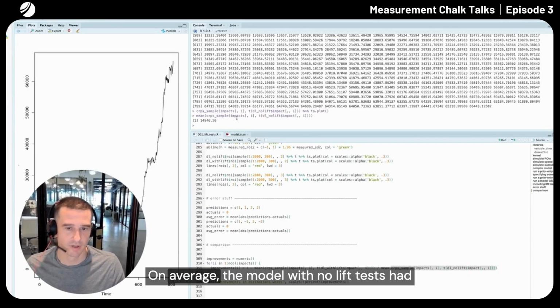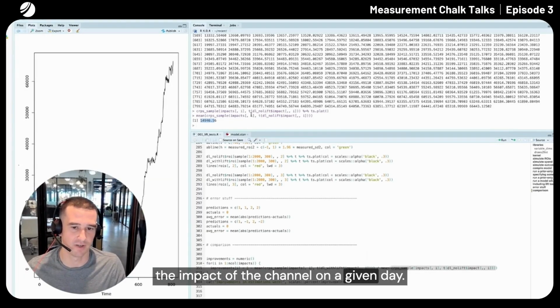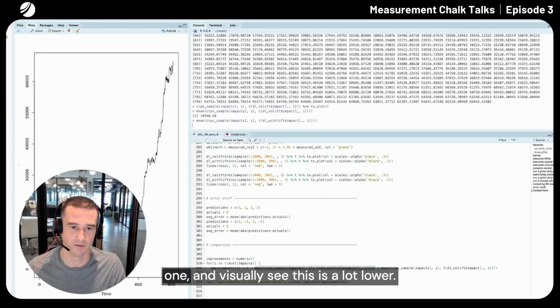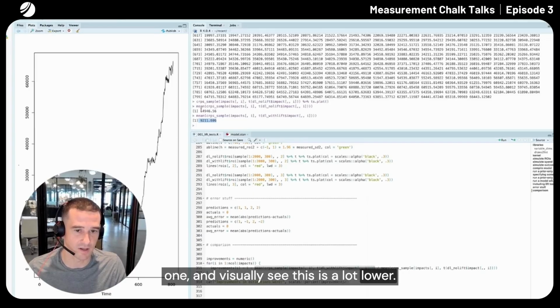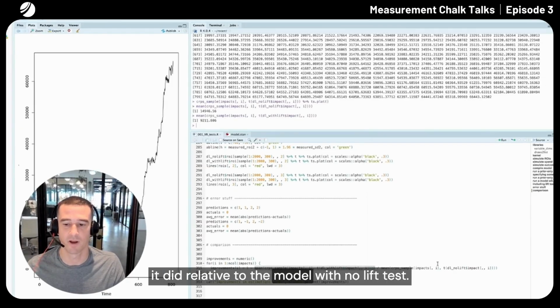On average, the model with no lift tests had an error of about 15,000 when estimating the impact of the channel on a given day. I can do the same thing for the model with lift tests included for channel 1. And visually you can see this is a lot lower. The model with lift tests got a lot closer to the true impacts for channel 1 than the model with no lift tests.